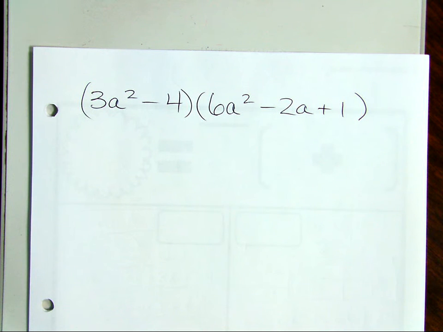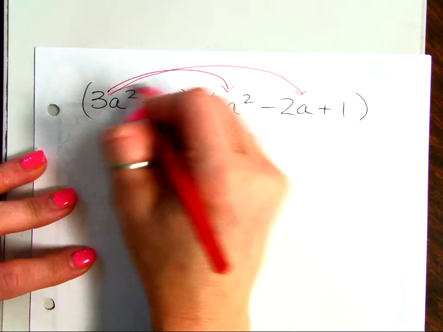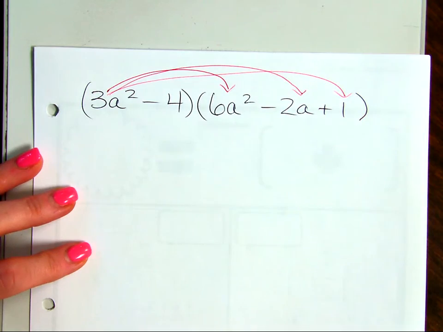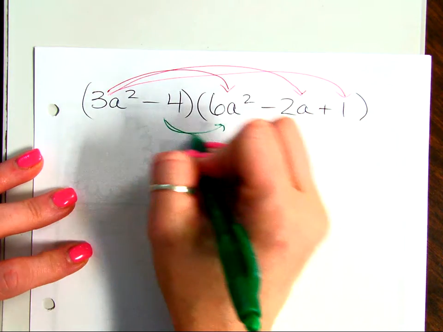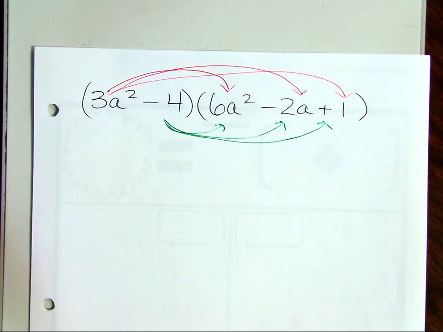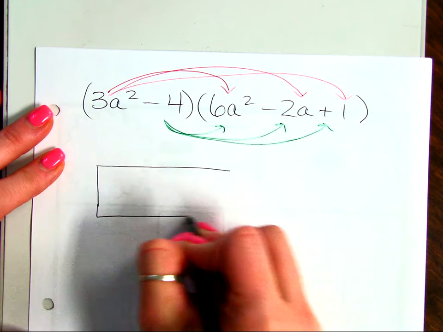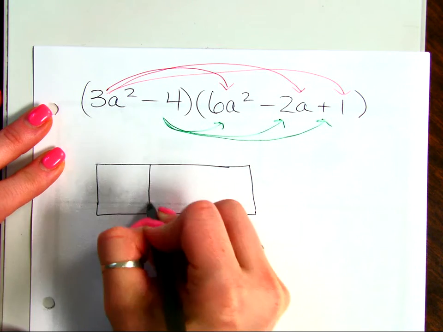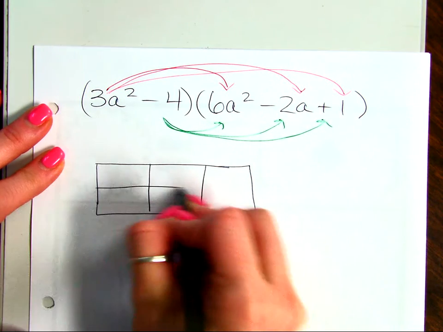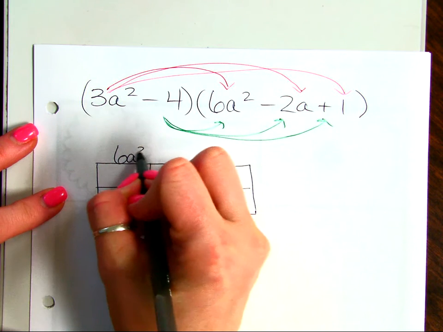If you were distributing, then you would just distribute to 3 terms instead of 2, right? So you would distribute the negative 4. And if you did a box method, then the dimensions of your box this time would be what? A 2 by 3, right? So this would be 6a squared. So go ahead however you want to do it.